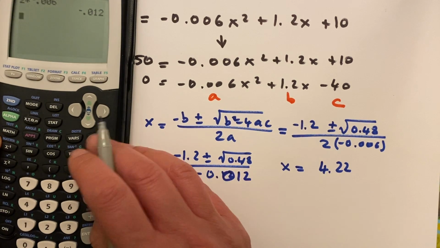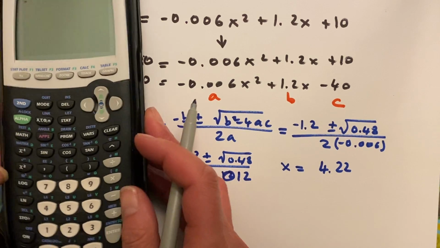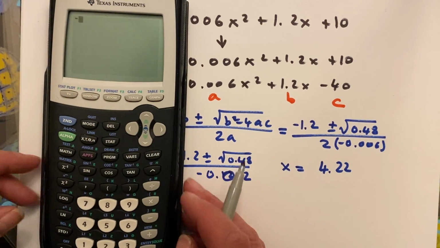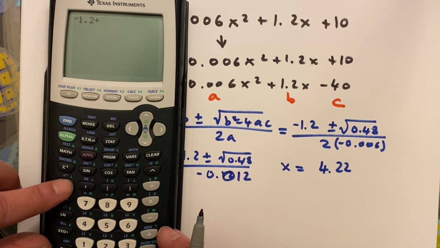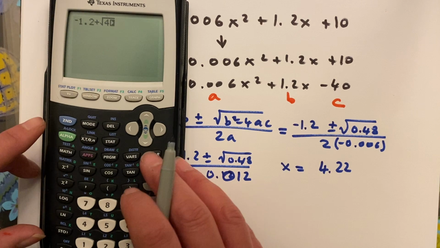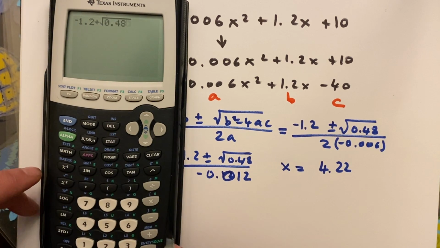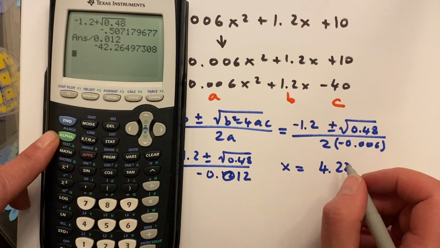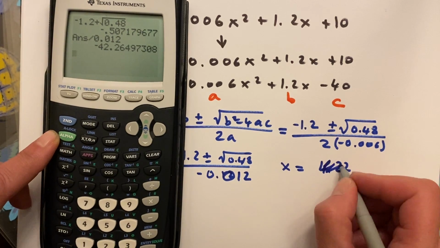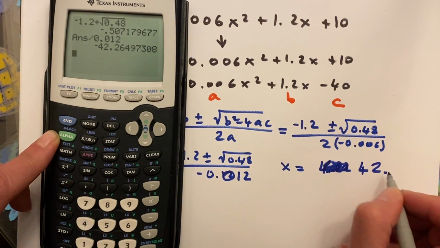That makes sense. Okay. Now let me do that again. Negative 1.2 plus the square root of 0.48, and I'm going to divide that by negative 0.012, and we get 42. There we go. My answer did not make sense in real life.